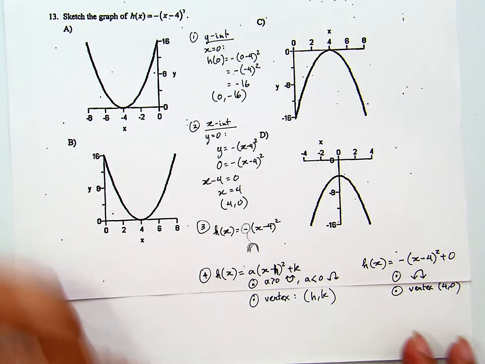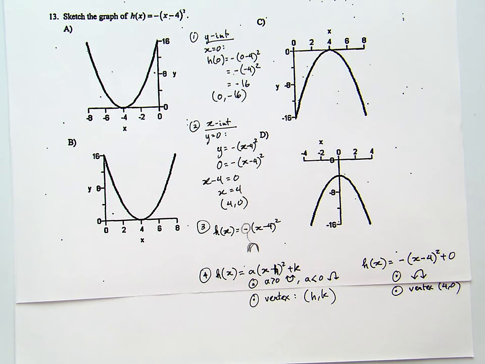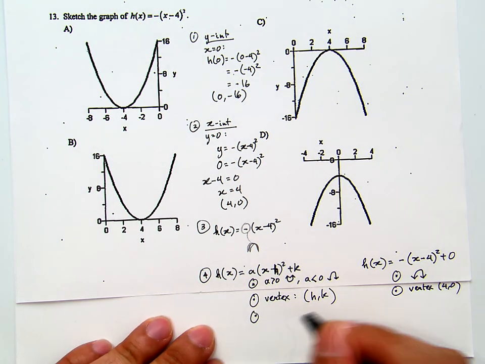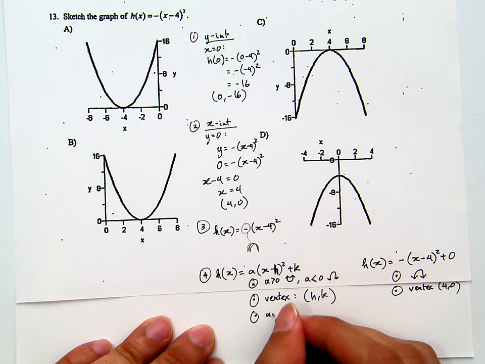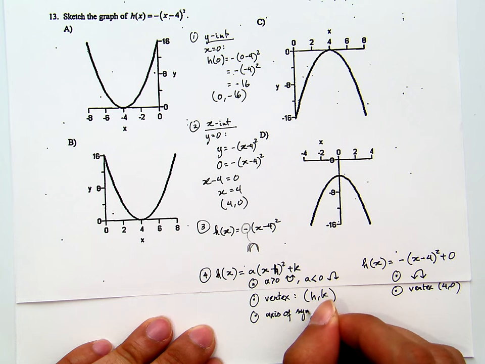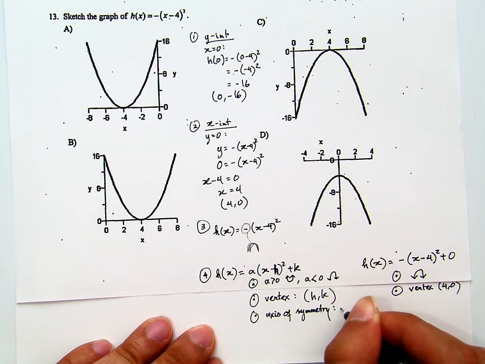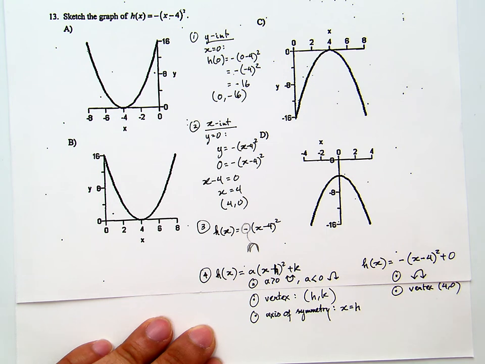Using these two pieces of information, we know the answer will be part C already. Even more, the axis of symmetry will be x equals h. Here the axis of symmetry is x equals 4.